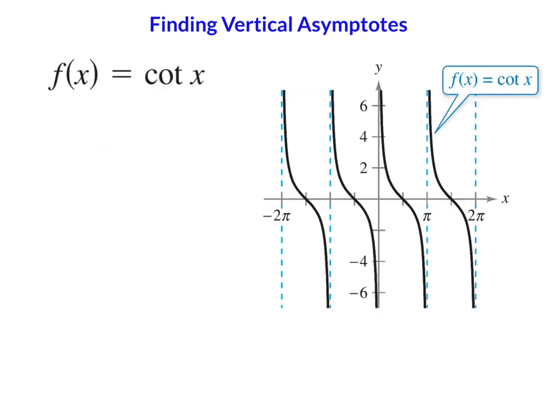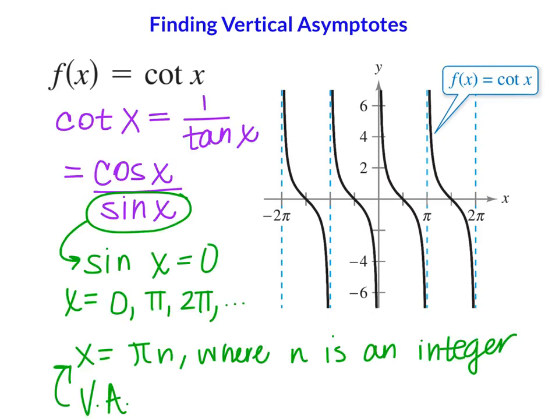In another example, not to leave trig functions out of this, let's find the vertical asymptotes for cotangent of x. What I've got to do here is realize that cotangent of x is the inverse of tangent, so 1 over tan, and tan is sine over cos, so I just flip those. That means that cotangent is cosine x over sine x, and so sine x is my denominator.